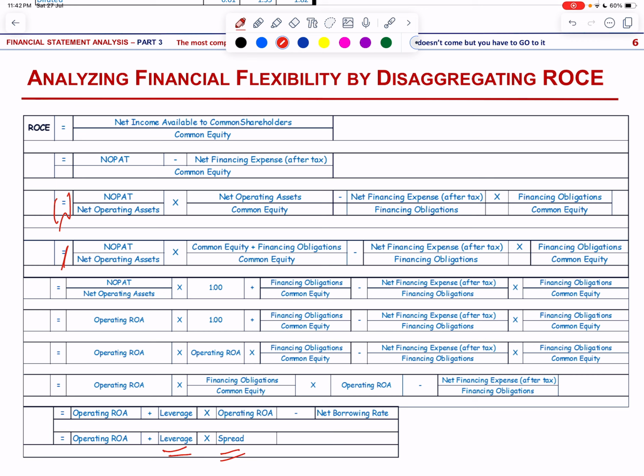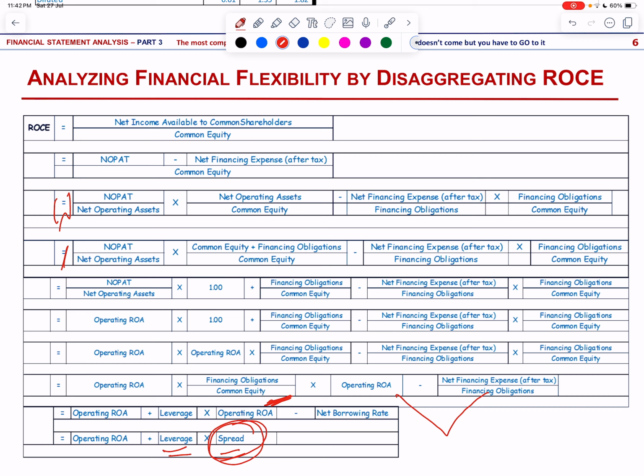Now, leverage is total financing of financial obligations divided by the common equity, including debt, preferred equity, and non controlling interest. Spread is the difference between operating return on asset and the net borrowing rate, incorporating interest and preferred dividends as well.